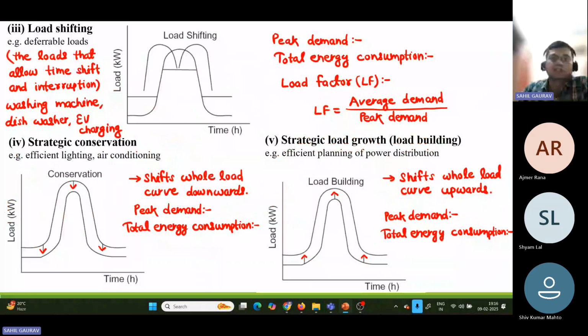So this peak demand will reduce. And total energy consumption will remain the same, because whatever loads you were using at peak hours, you are now using at off peak hours. So the total energy consumption will remain the same.